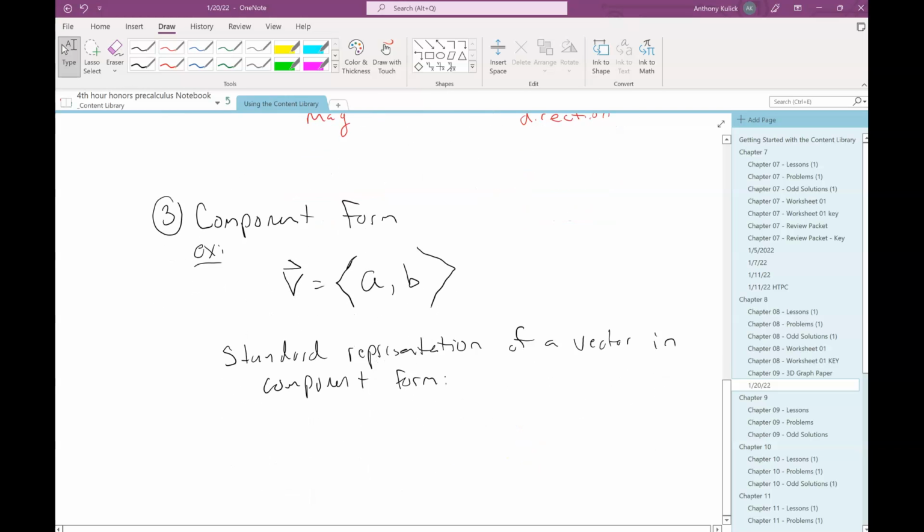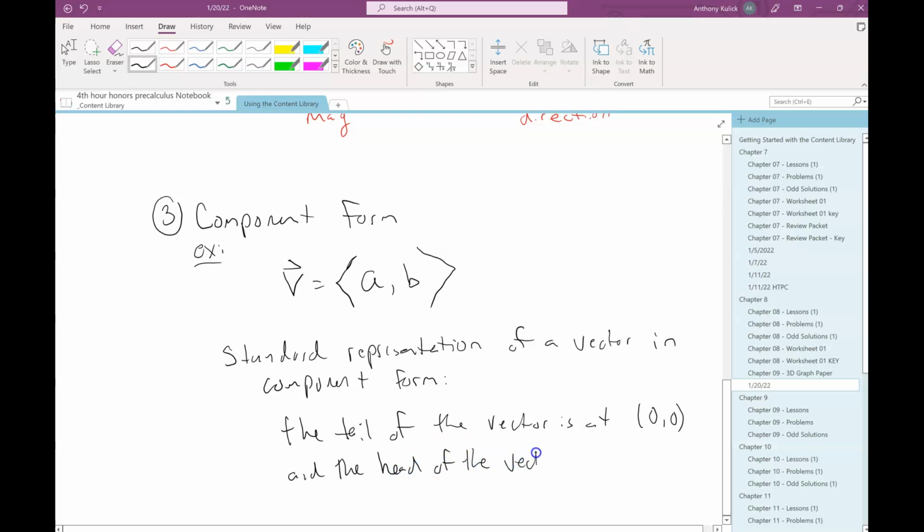And what we mean is that the tail of the vector is at the origin, and the head of the vector is at the point (a, b), the same as its component.